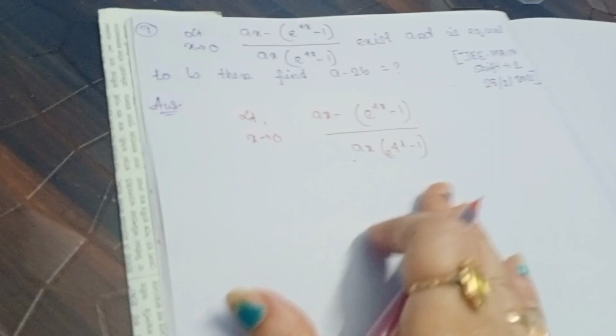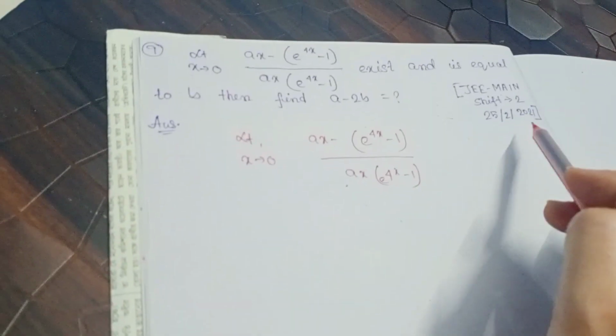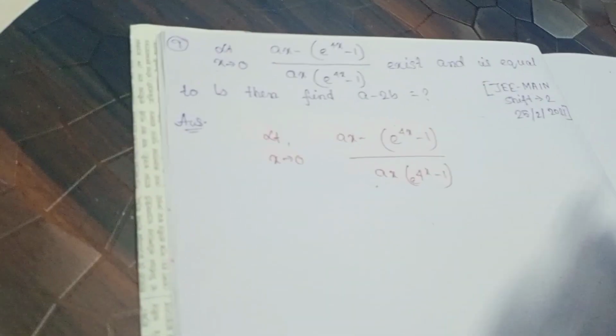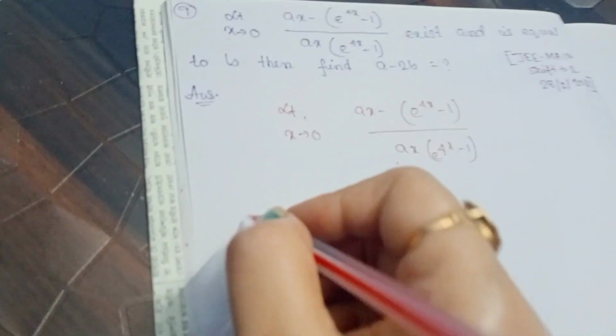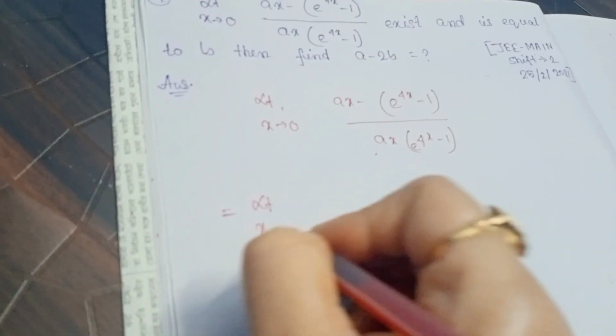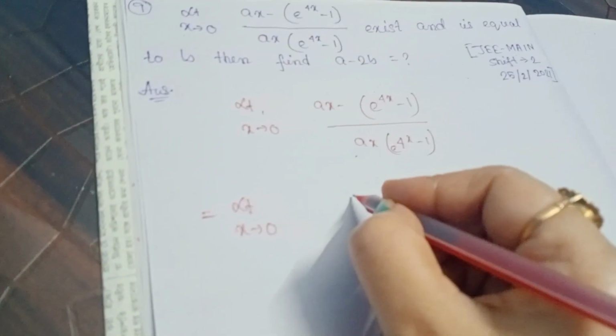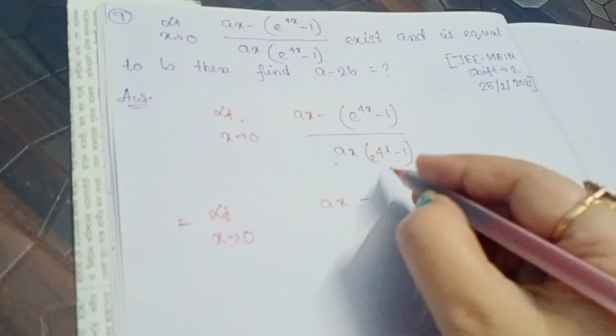The question is from the chapter of limits, and it is also a memory based question asked on 25th February 2021. So limit x tends to 0, ax minus, expand the series.